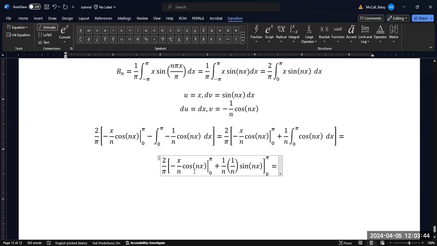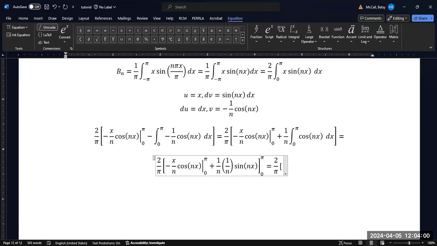Now, let's think about what happens when I start plugging in 0 and pi. First, we have 2 over pi. We'll come back to that later.